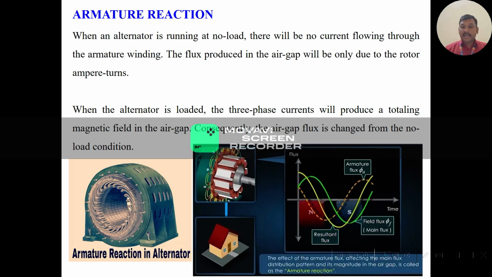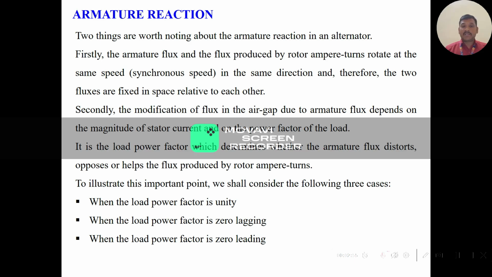And there are three kinds of effects produced due to the connection of different loads with the alternator terminals. One is unity power factor. In this case, we are connecting the resistive load across the terminals of the alternator. When the load power factor is zero lagging, it means that we are connecting pure inductive load across the terminals of the alternator.